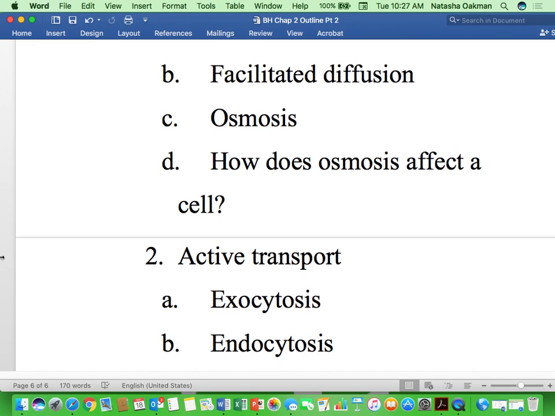Endocytosis is when the cell basically engulfs substances that are outside of the cell and brings them into the cell. So it's the opposite of exocytosis.